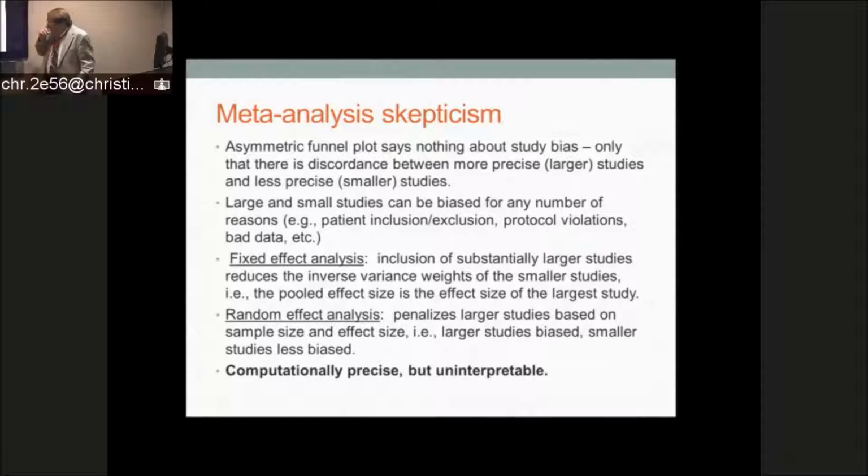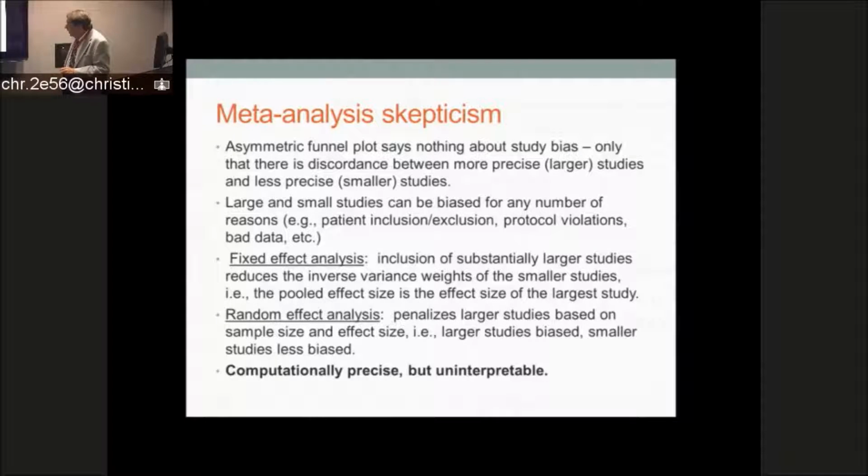So what happens, though, when you do the computations to get the summary statistic, if you do a fixed effects analysis, is that the larger studies will tend to reduce that inverse variance. Okay, so you have 1 over a big number versus 1 over a small number.